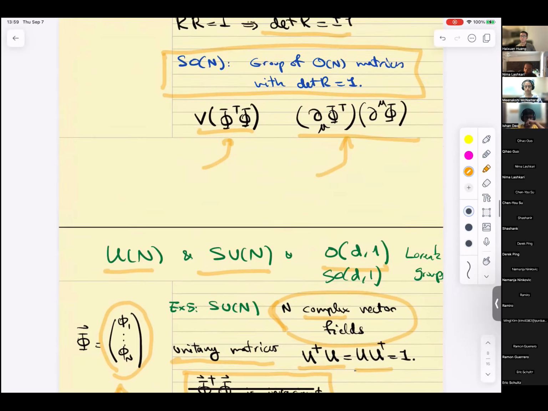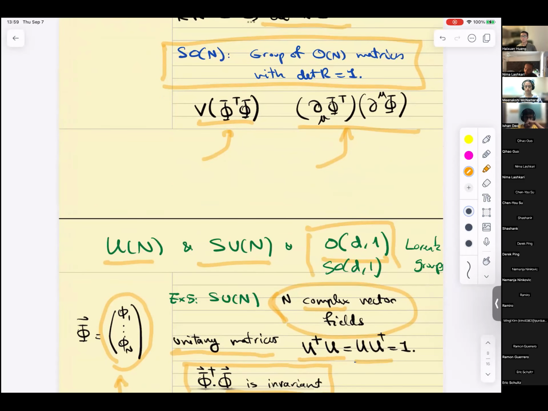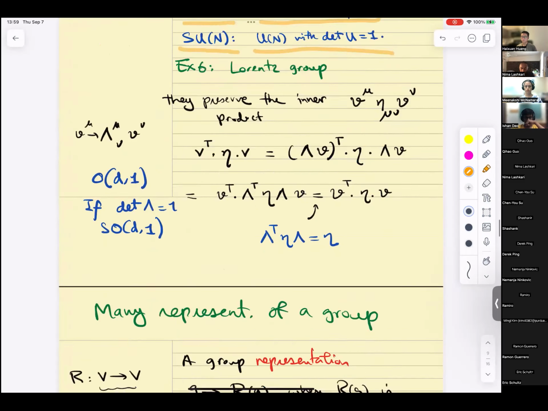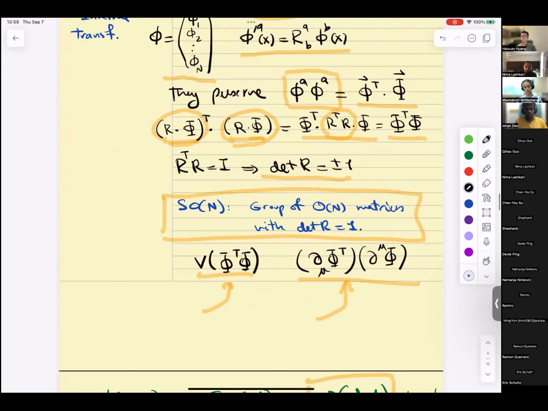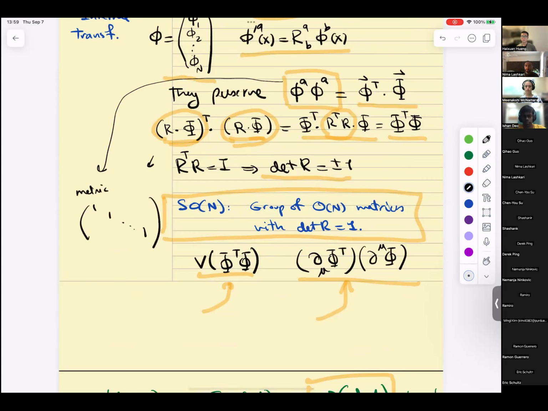Now, the next example we're going to discuss is O(d,1) or SO(d,1). So let me just make a comment here. When we talked about O(d), what this was keeping preserved, this inner product here, you can think of it as a case where there is a metric, but the metric is 1, 1, 1, like this, identity.